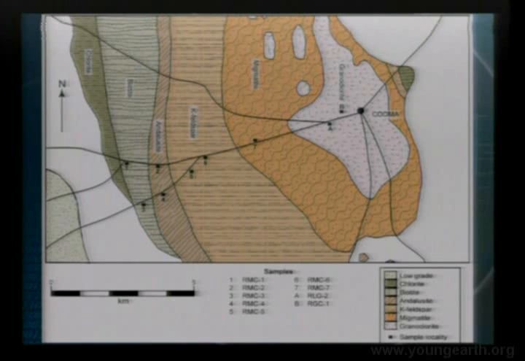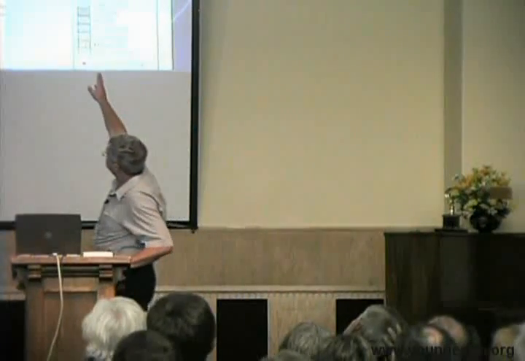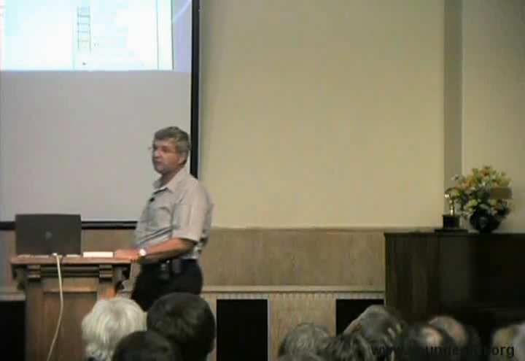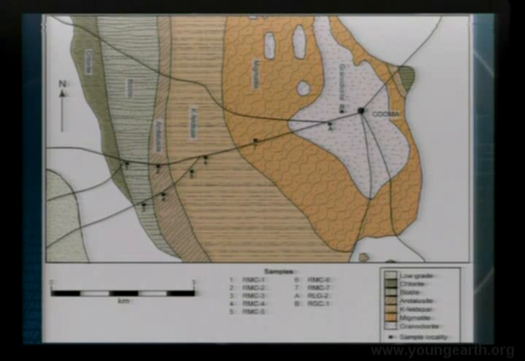Now, I'd already found radiohalos in the granite, so I was interested to see there was a reference in the literature to uranium radiohalos in some of the surrounding highest grade metamorphic rocks. But the interesting thing is there was evidence of zircon crystals all the way through those metamorphic zones, and there were biotite flakes in all those metamorphic rocks.